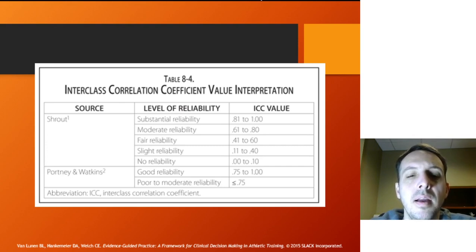And so the numbers that you then go about calculating, there are different interpretation guidelines that are presented in the literature. And you can see 2 of them listed there. But basically, what you're looking for is as high of an ICC value as possible.